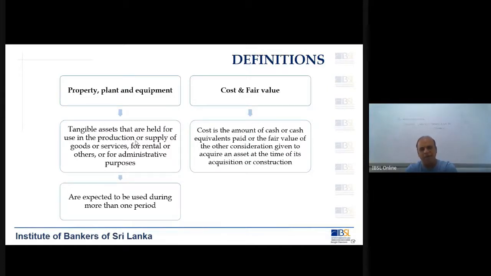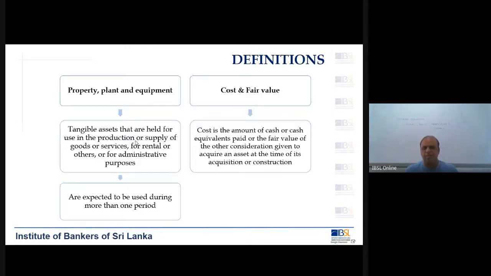Now, alternatively, let's look at an example where you have a land here and you start constructing a building there. So day by day, you will pay for labor, you will pay for material, for various things. All these you have to keep on accumulating. And once you have accumulated all the amounts, that is considered to be your cost.